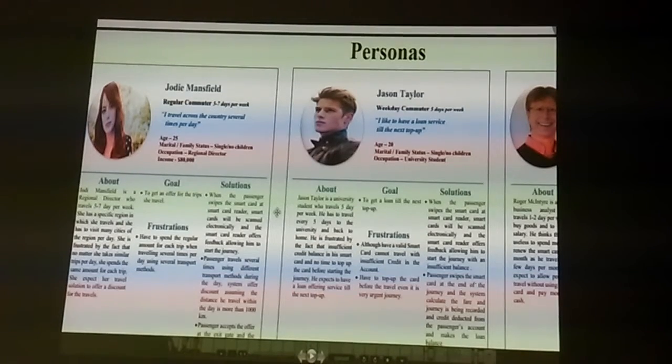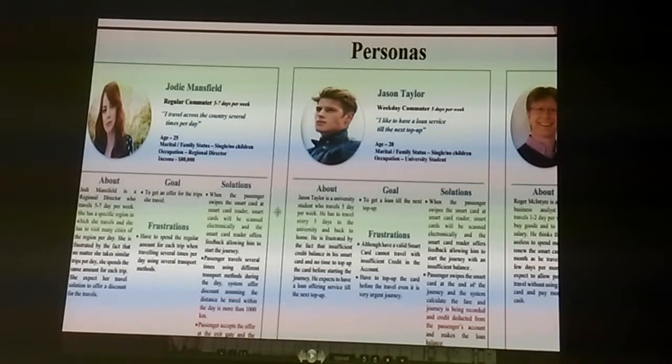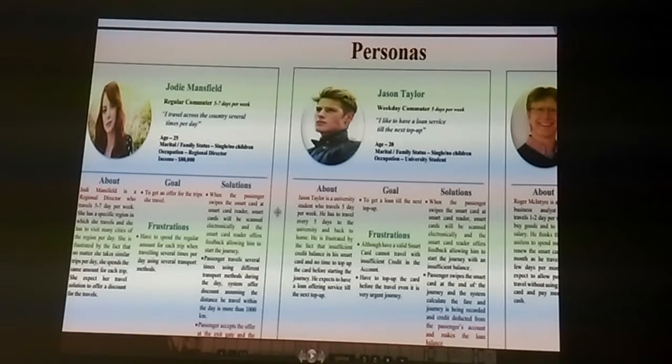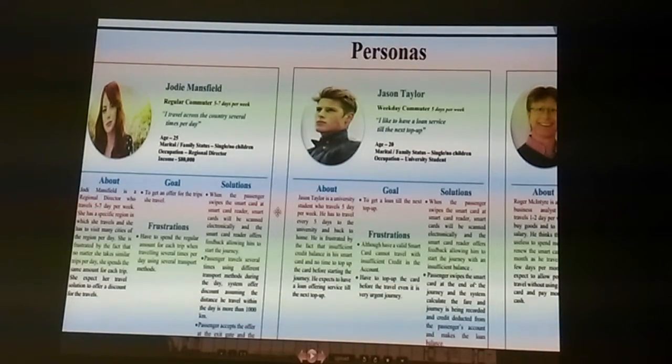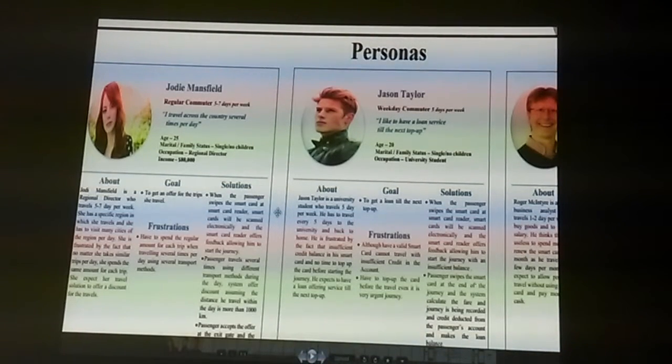But the problem is she wants a discount, because when she travels she has to pay the regular fare every time. For that scenario, we give a discount to passengers who travel more than 1,000 kilometers, a 5% discount.